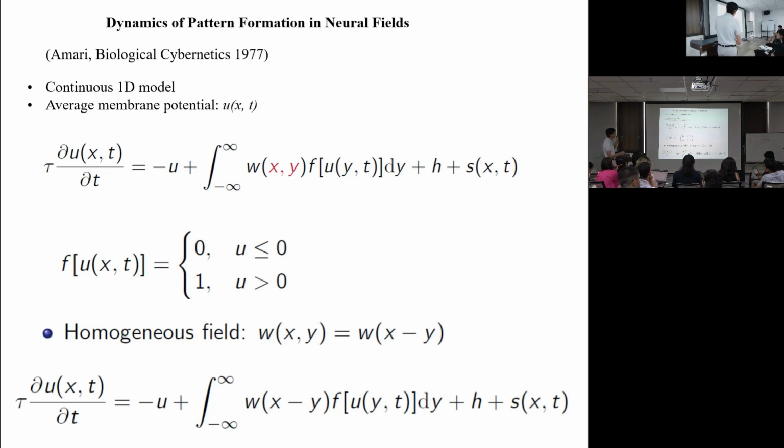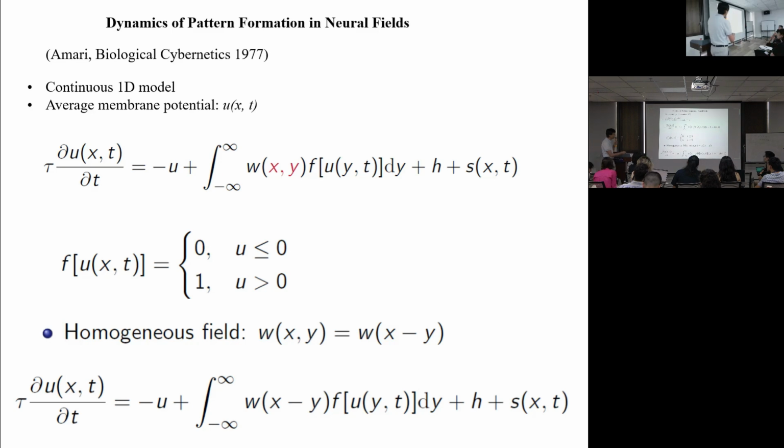So homogeneous field. And the population activity is this average membrane potential, u(x,t). And this is a function of time because it changes, okay? And this is the synaptic coupling strength. And this is the activation function, and for this classical paper, this is assumed to be a Heaviside function.